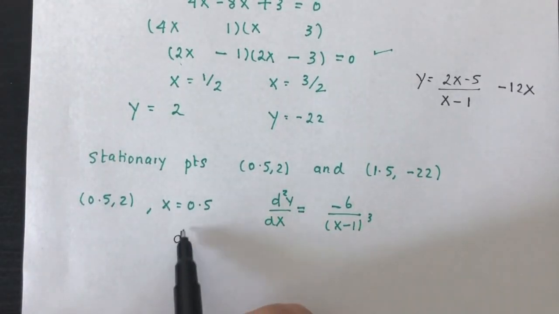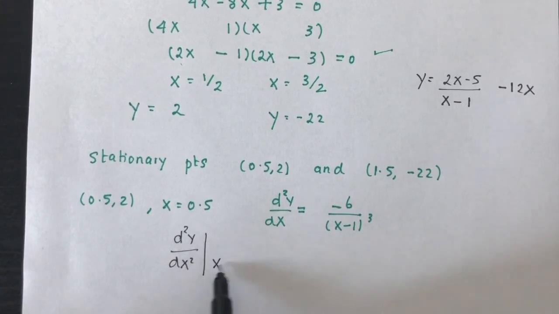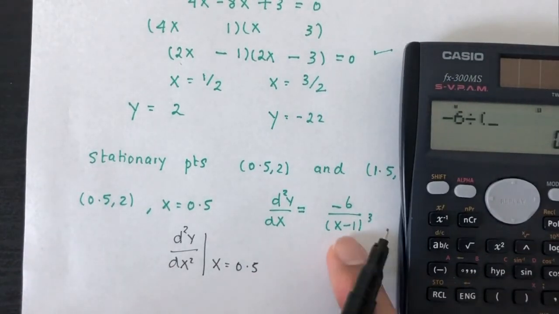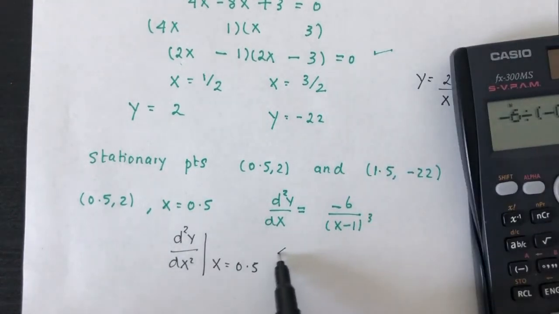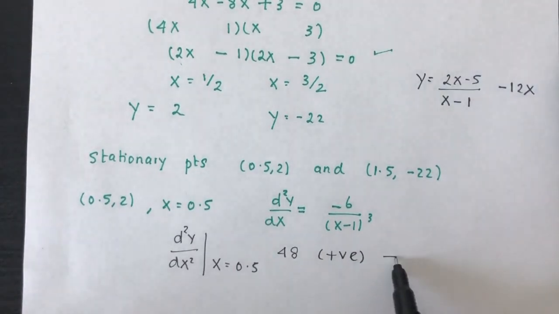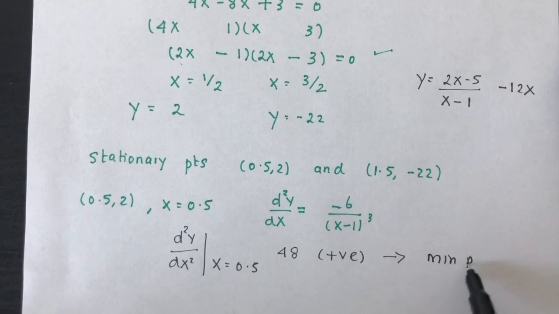So d2y by dx2 when x is equal to 0.5 should be minus 6 divided by (0.5 minus 1), that is minus 0.5 cubed. That will be 48. So since the value is positive, it means that this point is a minimum point.